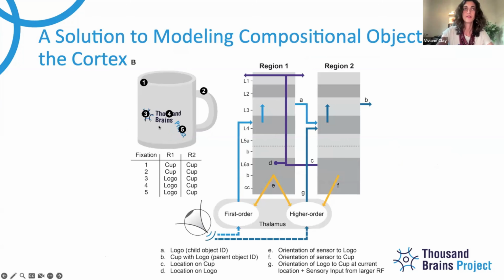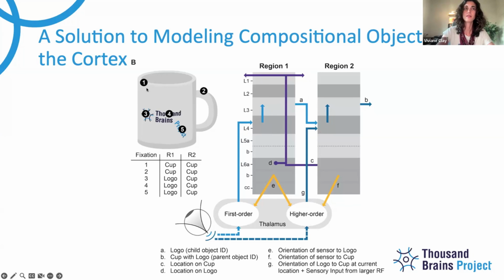So here's an example where we have a series of fixations on this cup with the logo on it. And depending on where we are fixating, the two regions in the cortex are representing different objects. Note that both of these regions are receiving sensory input. The lower region, like V1, receives a smaller receptive field. The higher region receives input from a larger receptive field and from the lower region output from layer 3.